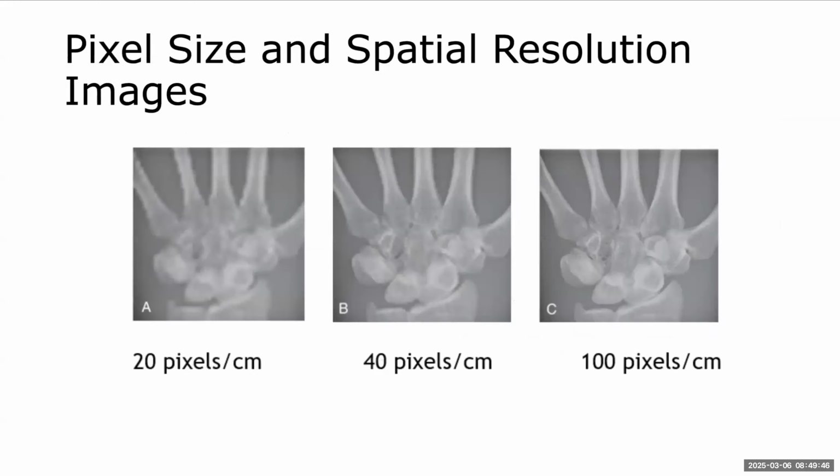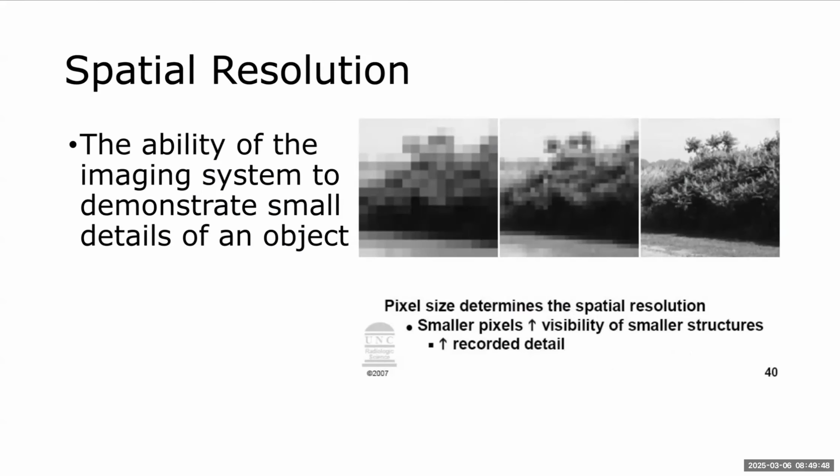We talked last week about the geometric factors that do affect spatial resolution, or recorded detail, in the image. Those don't change whether we're talking about film screen or CR or digital imaging.